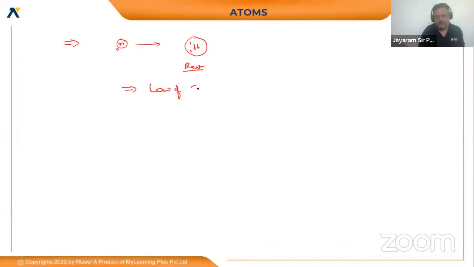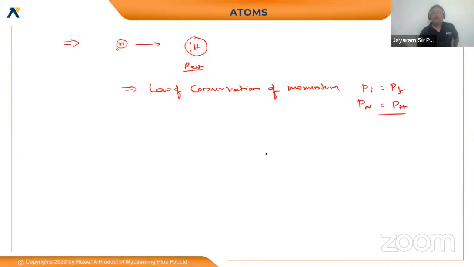Law of conservation of momentum, that is, initial momentum is equal to the final momentum, that is, the momentum of the neutron is equal to the momentum of hydrogen. And it will also satisfy the law of conservation of energy.